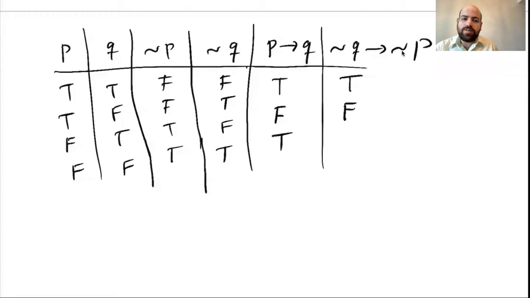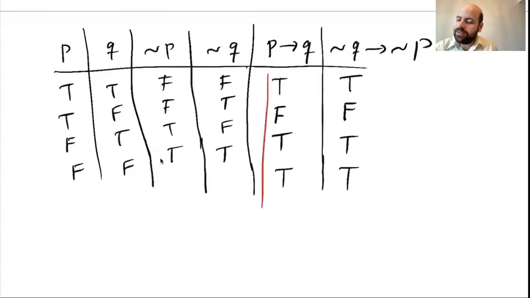And negation Q implies negation P. Look at the third row: negation Q is false, implies negation P is true. False implies true is also true. And the last row, false implies false is true. And negation Q implies negation P will be true implies true, which will also be true. So now let's look at these columns.